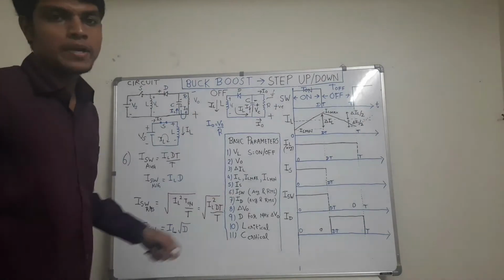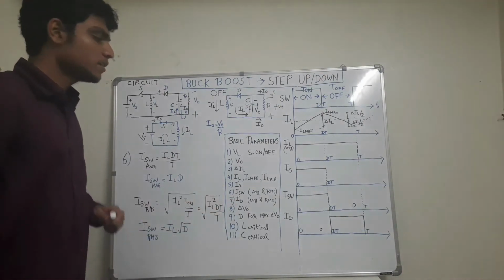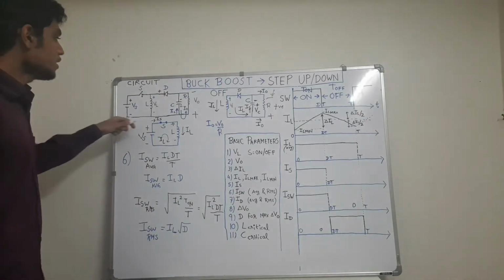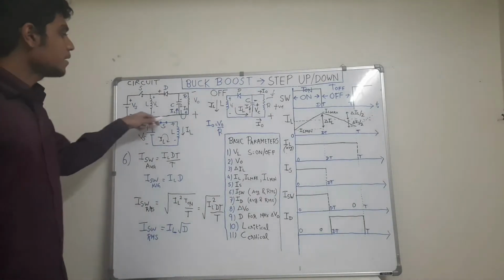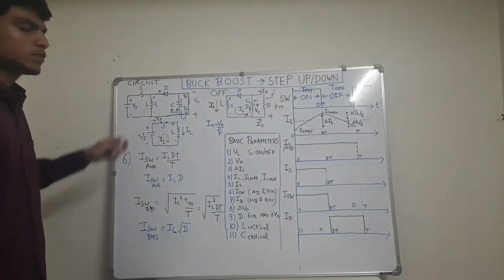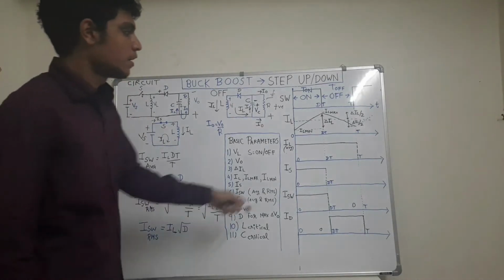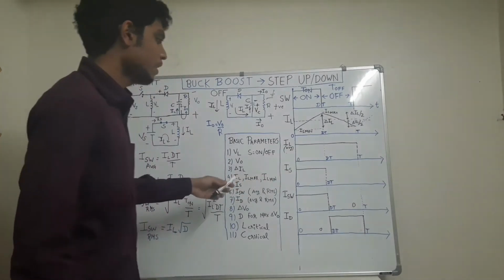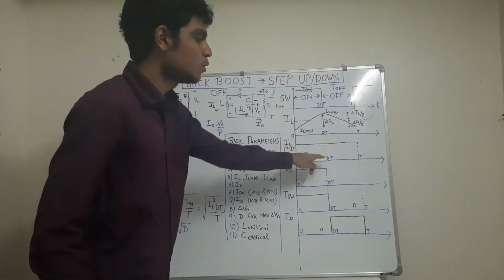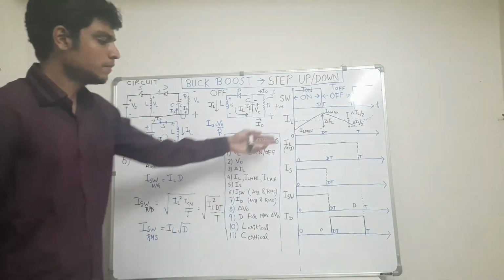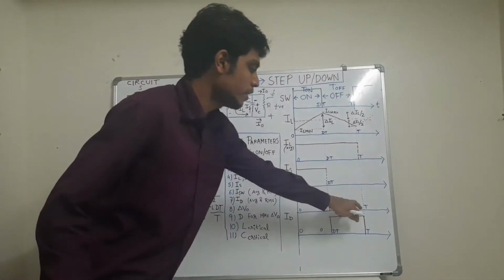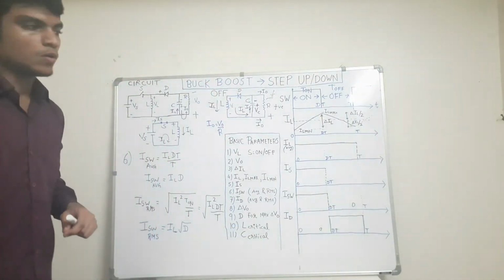The sixth parameter is ISW, the switch current, average and RMS value. When the switch is on, at that time the inductor charging current flows through it, and when the switch is off, no current flows through it. So IL, similar to the source current IS, for 0 to dT, that is for T on time, is copied in the ISW waveform, and for the T off time the switch current is 0.